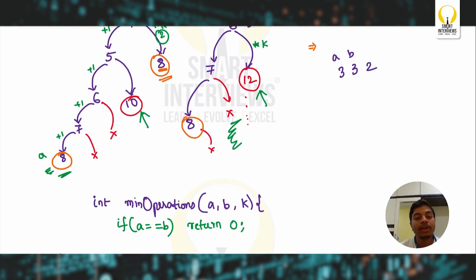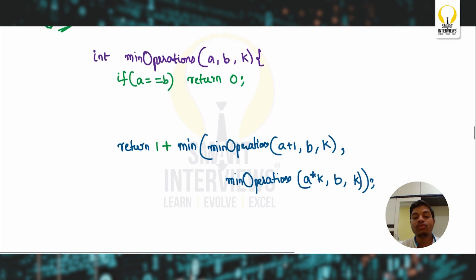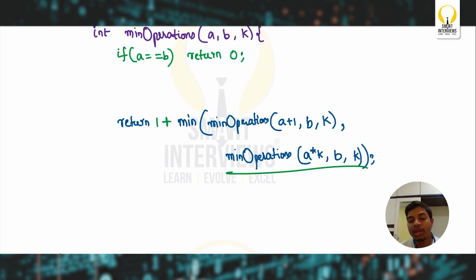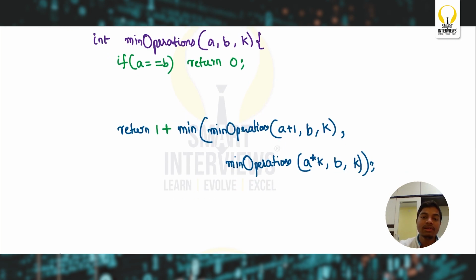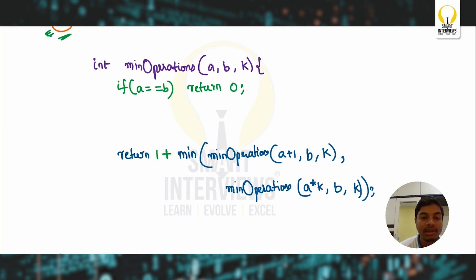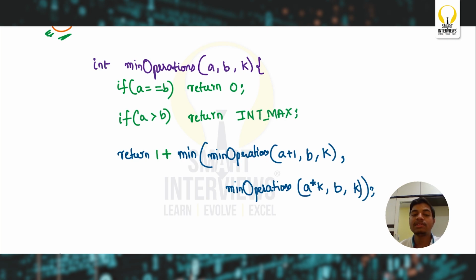So I can simply return some maximum value here, this part will be omitted and only this part will be considered. So I'm going to add another condition saying that if A is greater than B, I'm going to return the maximum value, that is int max. So this is the entire logic.